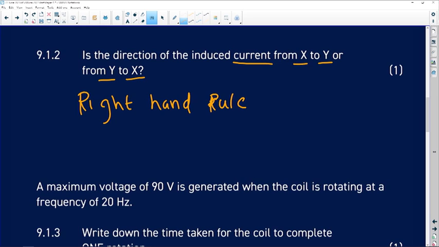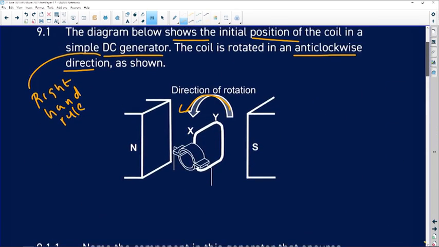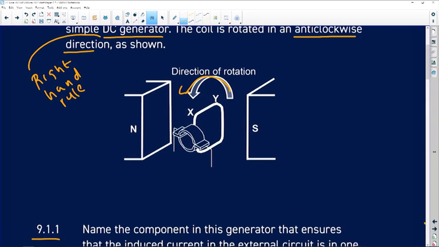So if you go to the diagram and use the right hand rule, your index, since it represents the field lines, will point from north to south. Since the coil is rotating anti-clockwise, your thumb will be facing upwards, and therefore the current will be into the board, or into your book or your screen.